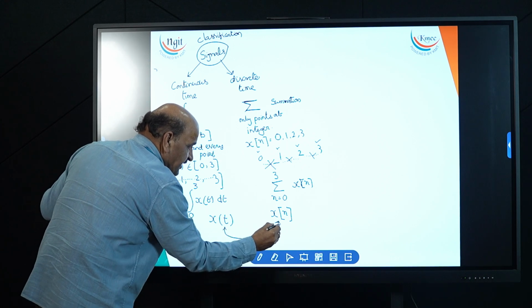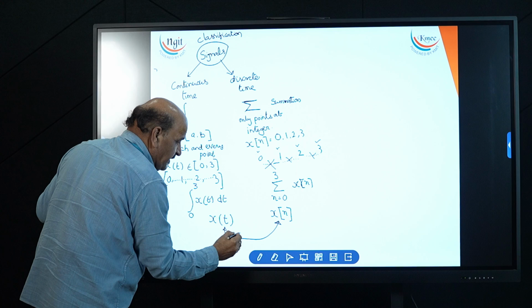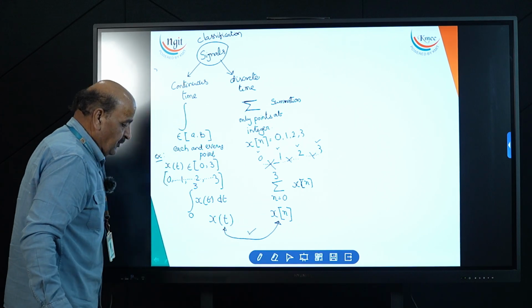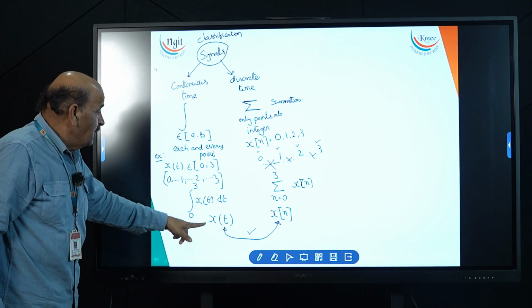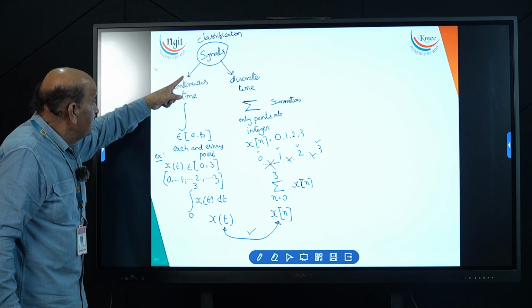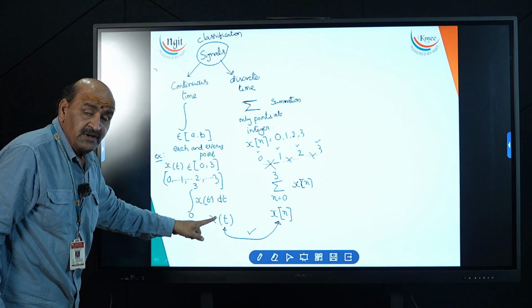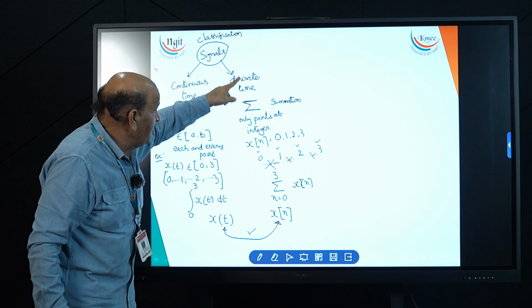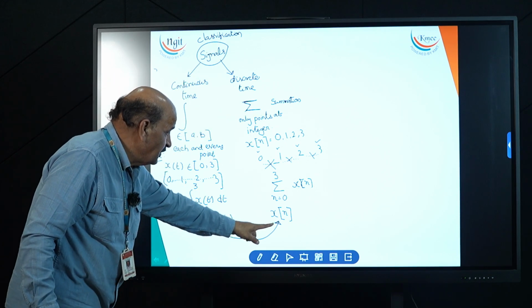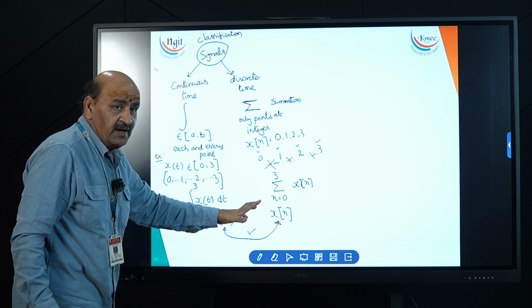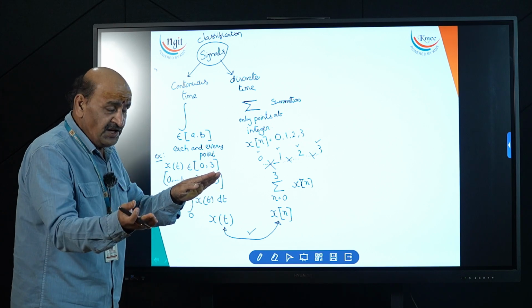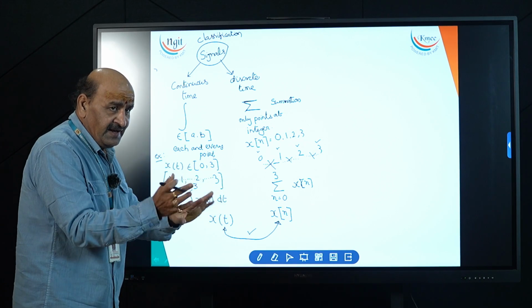Before addressing the remaining topics, students have to remember these differences. In the case of continuous time signals, we use this notation only. In the case of discrete time signals, we use this notation only. Don't swap one notation for the other.